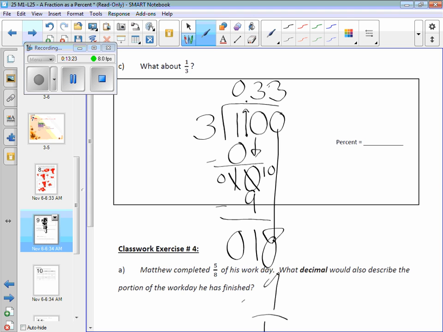No, that's the nearest 10th percent. Either 33 or 34. 34. Look, watch. What number goes here? 3. Is this number greater than 5? No. or less than 5? It's less than 5.